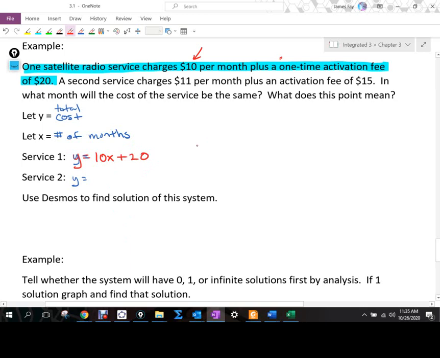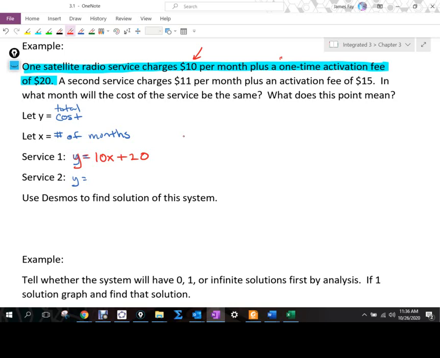And just to make sure this makes sense, if I go 0 months, the moment I activate my line, I have to pay $20 just to activate it, right? After 1 month, I had the activation fee of 20, but now I've paid $10 for 1 month of service, so now I've paid $30 total. If it's 2 months, I paid my original $20, and after 2 months, I paid the first month and second month, so that's another $20, so it's 40 total.